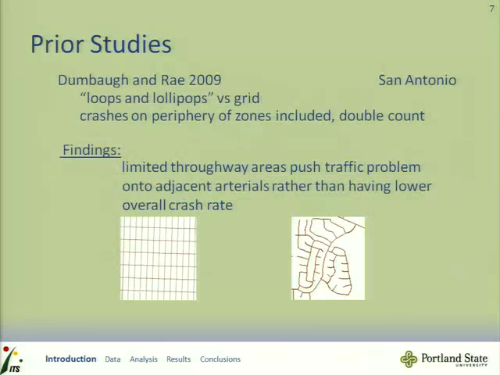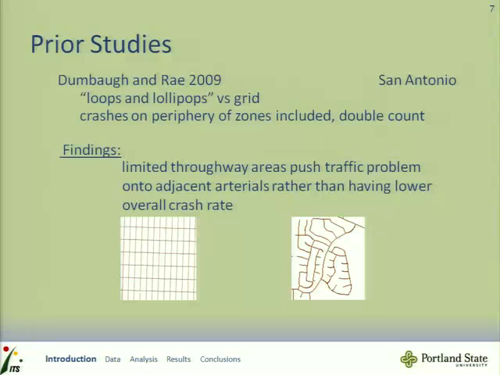In 2009, Dumbaugh and Rae published a study where they looked at loops and lollipops versus grid. Their data were from San Antonio, Texas. Now, they used census tracts for their spatial unit, and those tend to have roadways on the periphery of each of the spatial zones. So there becomes the question of what do you do with crashes that are on the periphery?